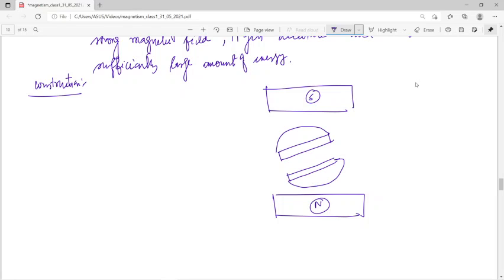I am explaining that, and there is a high frequency oscillator connected there. A high frequency oscillator means it will change the polarity. It consists of two hollow D-shaped metallic chambers.